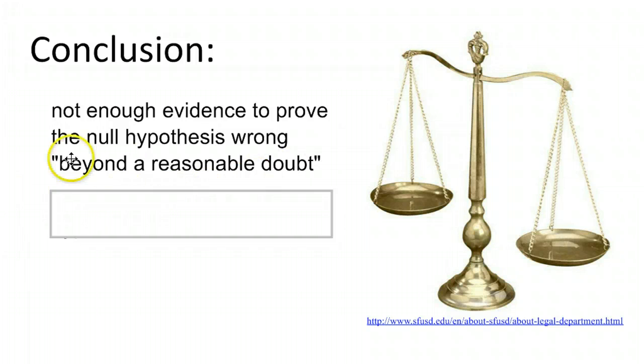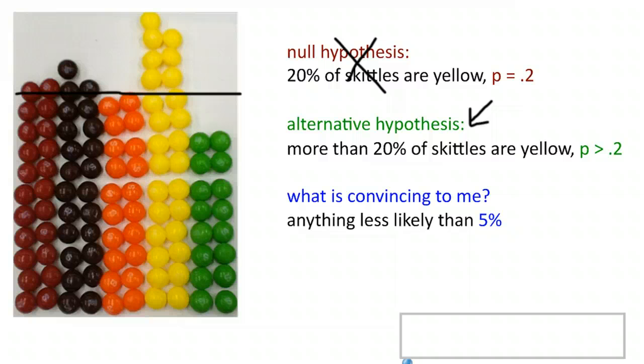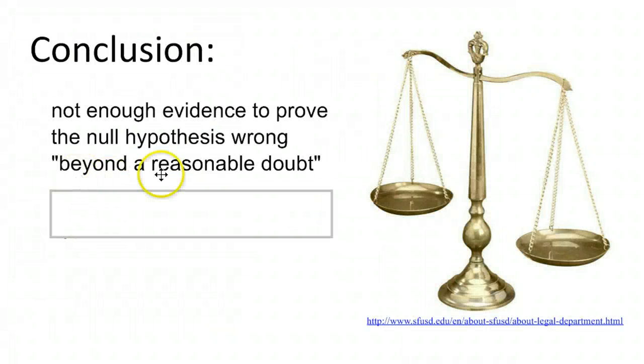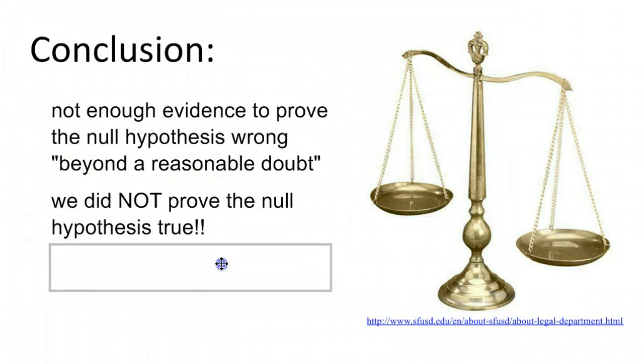Now, there's a few different ways that we can get more evidence, such as opening more bags of Skittles, getting more data points. You could also have one bag that has tons and tons of yellow compared to everything else. So there are ways that we will look at later of how to prove our point, but for now we do not have enough evidence.